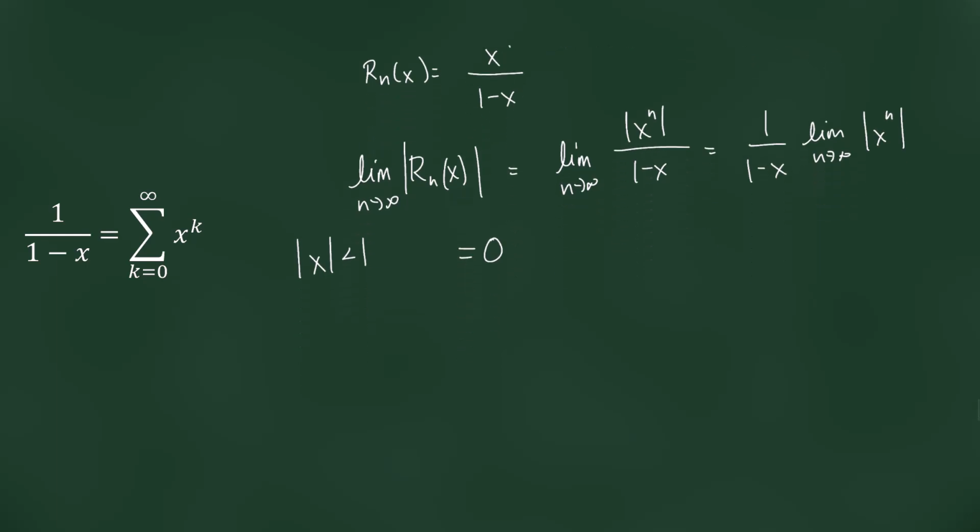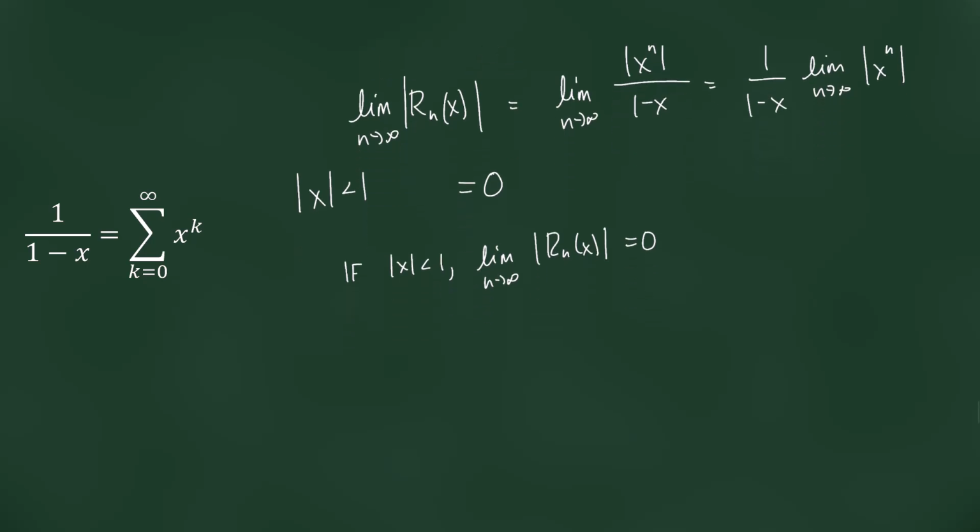So what we see is that if the absolute value of x is less than 1, then the limit as n goes to infinity of our remainder terms is 0, which means that for values of x that are less than 1, it is the case that 1 over 1 minus x, that function, is exactly equal to the sum from n equals 0 to infinity of x to the n. It's not going to be the case for values outside of that interval, but otherwise, when we're within that interval, the function is exactly equal to its Maclaurin series.